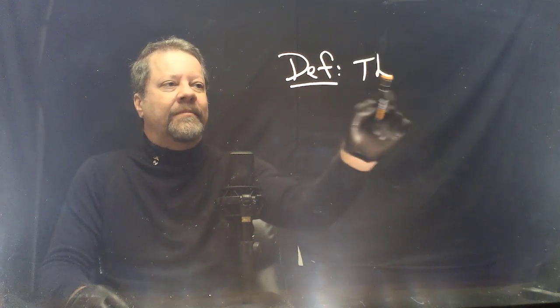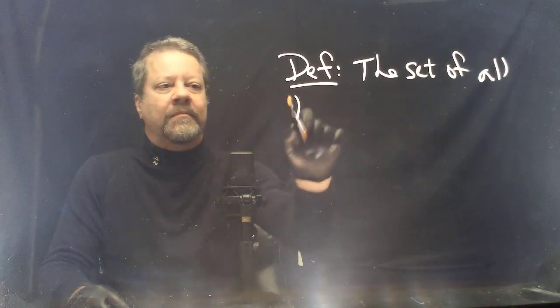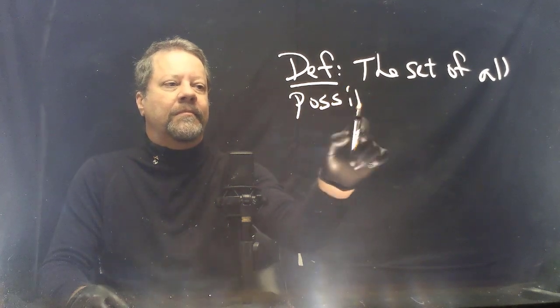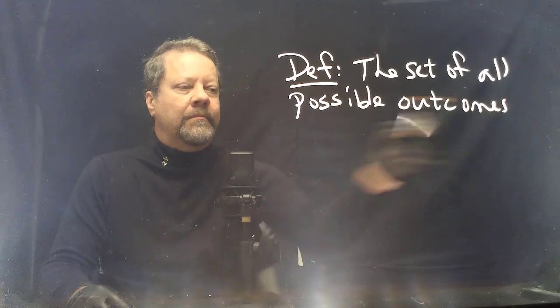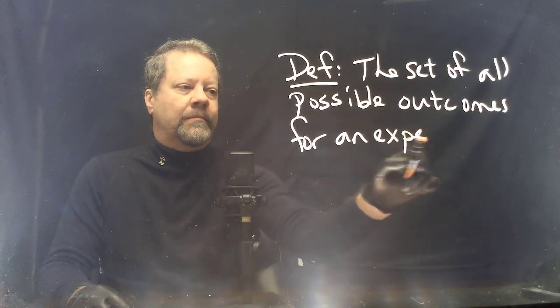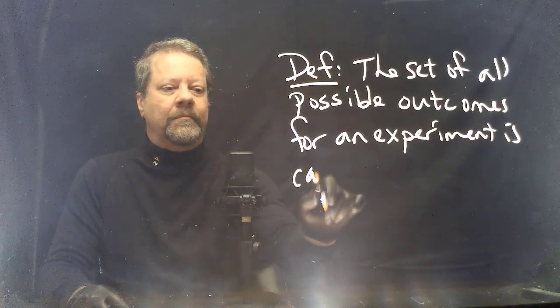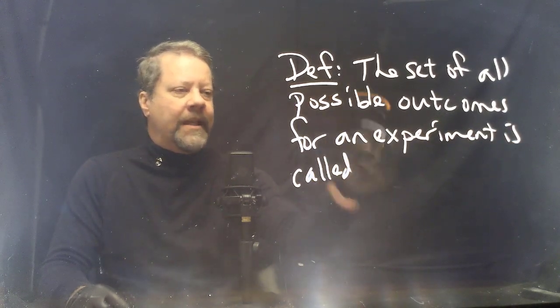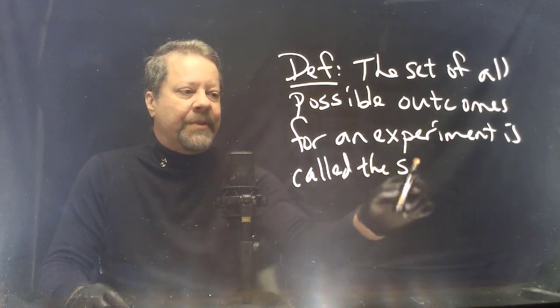We have a name for the set of all possible outcomes for an experiment. The set of all possible outcomes for an experiment is called the sample space.